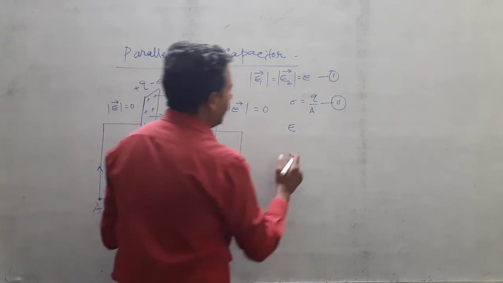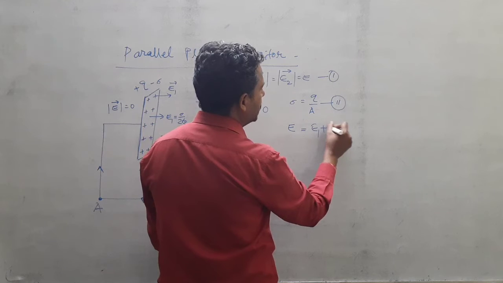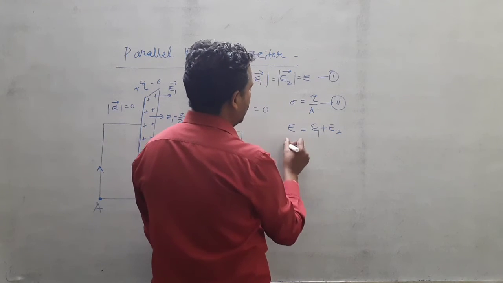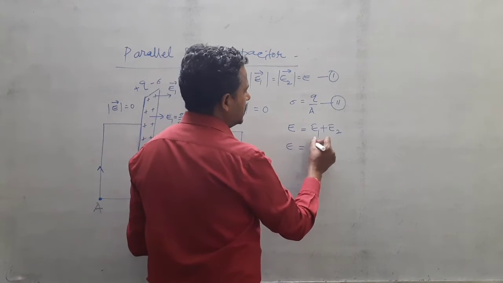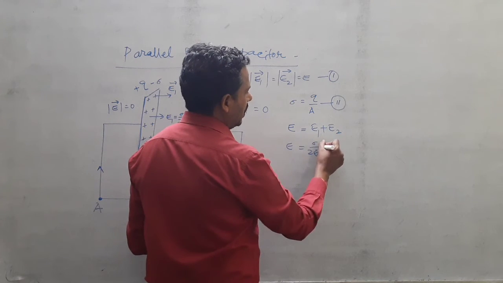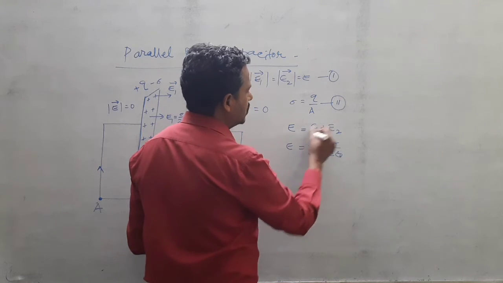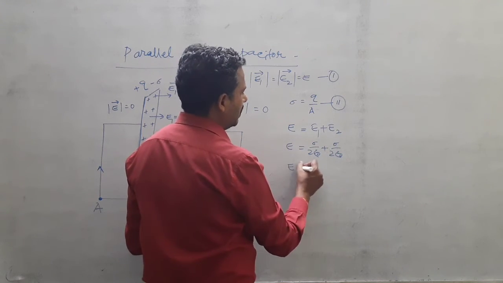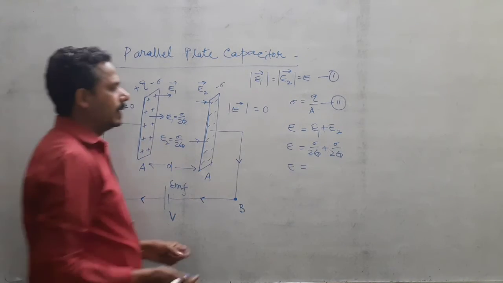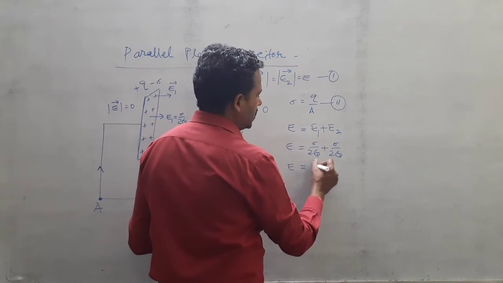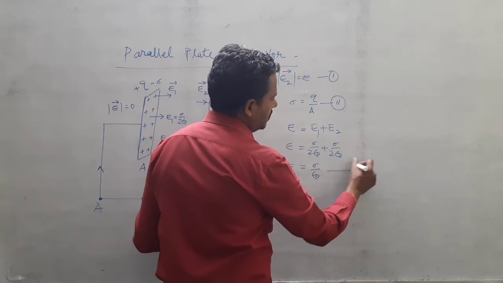So finally, the magnitude of E is equal to E1 plus E2. Now put the values: E1 is sigma by 2 epsilon naught plus sigma by 2 epsilon naught. So the sum, your electric field between the parallel plates, would be sigma by epsilon naught only. This is your equation 3.